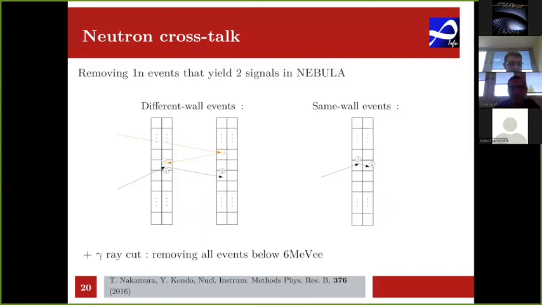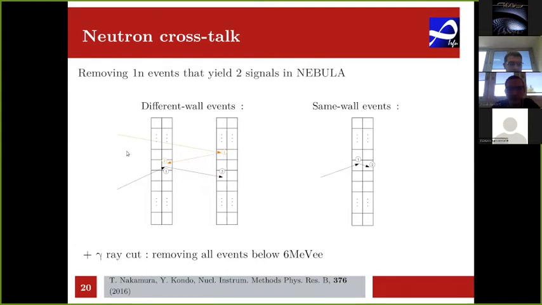We can see two different scenarios: either the two signals are detected in two different walls of NEBULA, because the structure of NEBULA is two walls with two layers, like it's represented here, or the two signals are detected in one same wall of NEBULA.